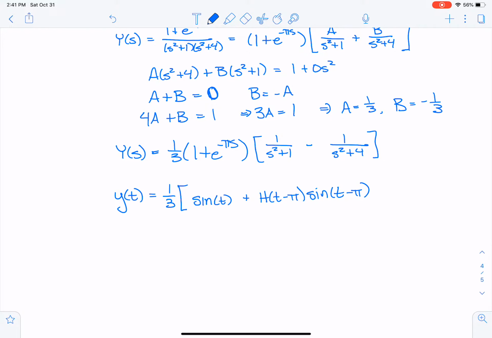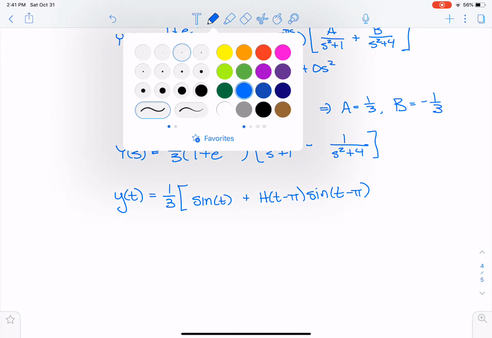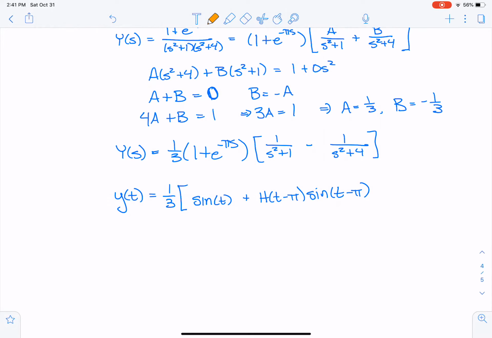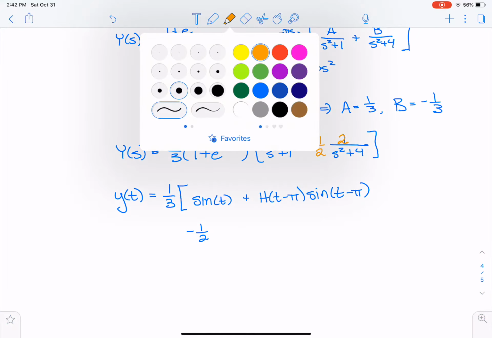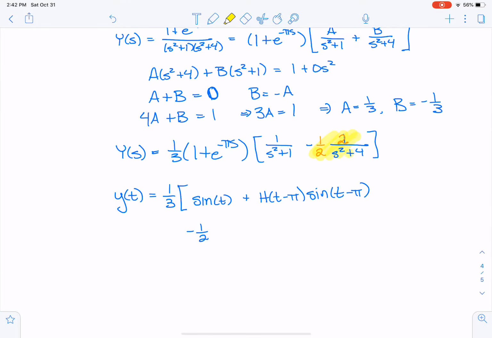Now, if we want to look at 1 over s squared plus 4, that's not quite in the right form. I'm going to divide that by 2 and then multiply by 2. And that will allow me to look at the inverse Laplace transform of that term, which is going to be a minus 1/2. This whole thing is going to get multiplied by 1 here.